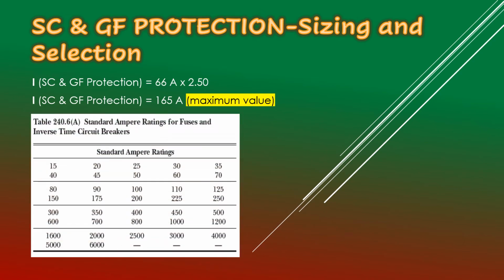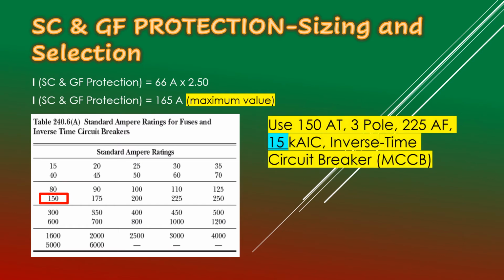However, checking from the standard ampere rating for fuses and inverse time circuit breakers, we have 150. There is no exact 165 ampere. So shall we use a 150 ampere trip, 3 pole, 250 ampere frame, 15 kAIC inverse time circuit breaker?